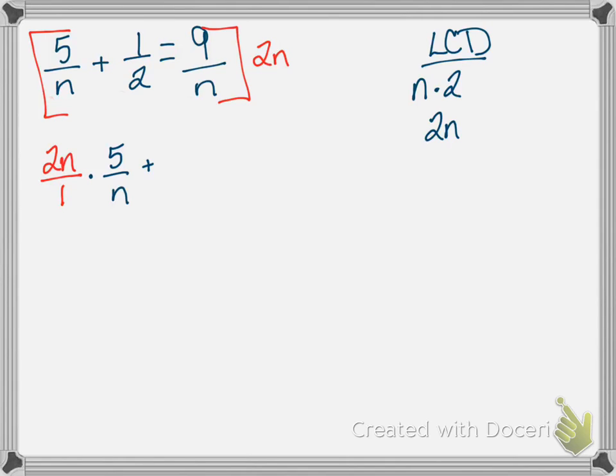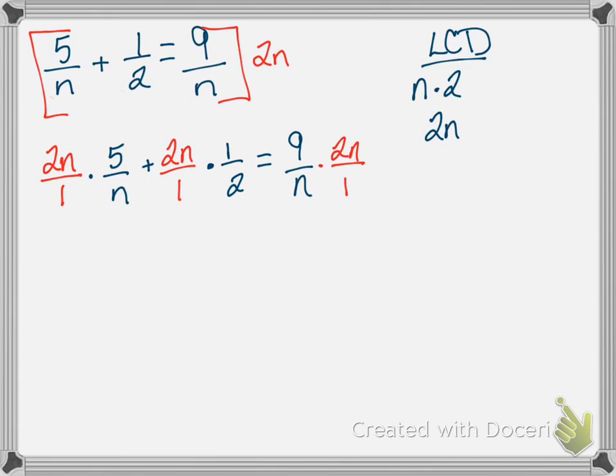Then I'm going to say 2n over 1 times 1/2. And that equals 9 over n. And I've got to multiply that times 2n over 1. So again, I have taken each part of that equation. Each individual rational has been multiplied by my LCD.